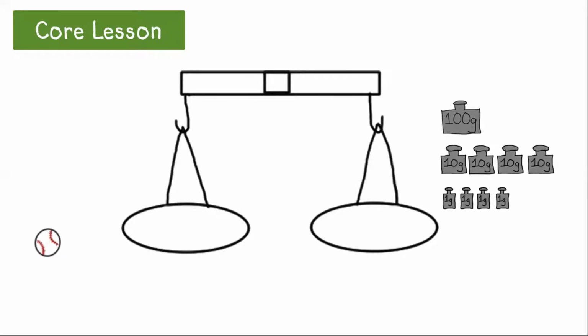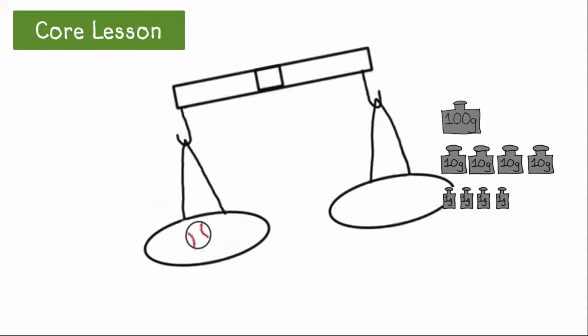Now we need to find the mass of that baseball. We put the baseball on one side. Now we have different levels, so they are not equal anymore. We need to put benchmarks on this side to make them equal. Let's put 100 grams.